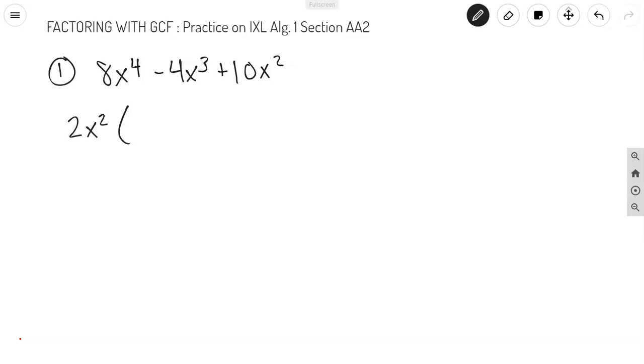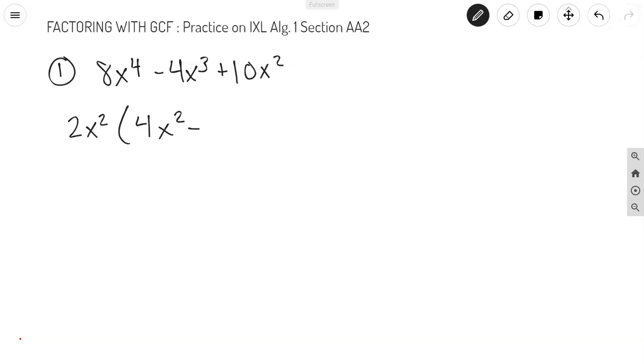So I'm going to divide instead of multiply. So 8 divided by 2 is 4. x^4 divided by x^2 is x^2. Remember, when you divide terms or exponents with the same base, x and x, you subtract the powers. So 4 minus 2 gives you 2.